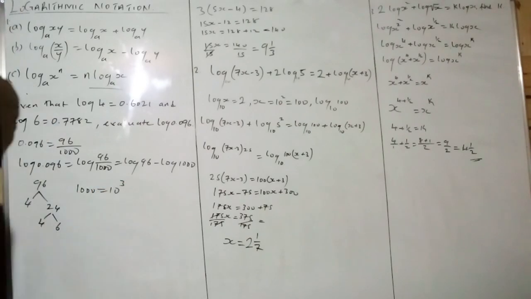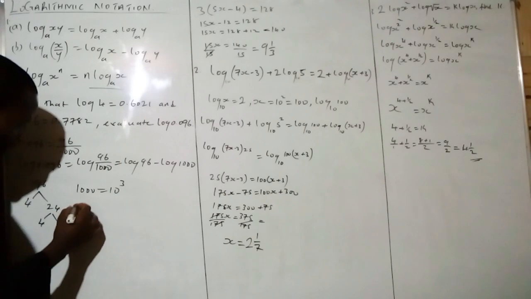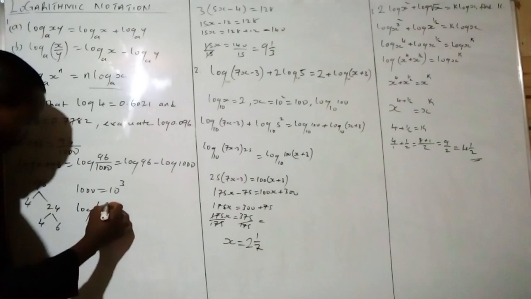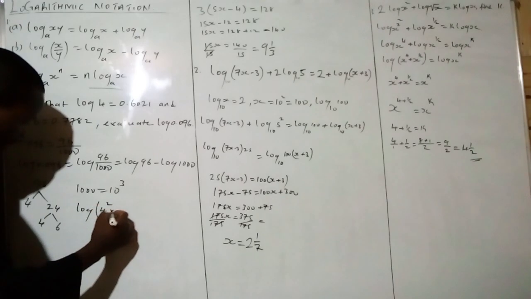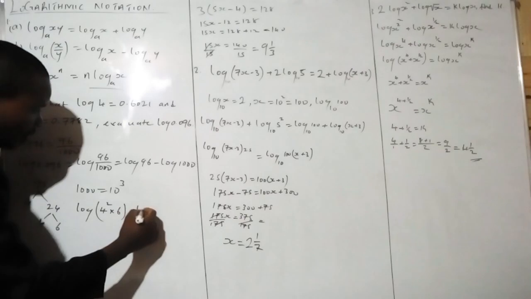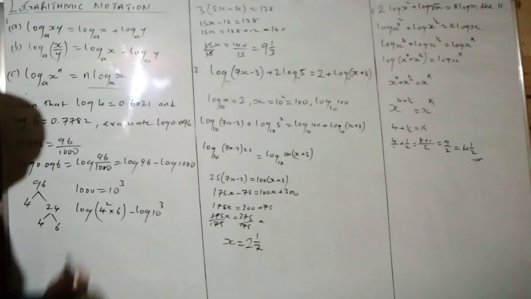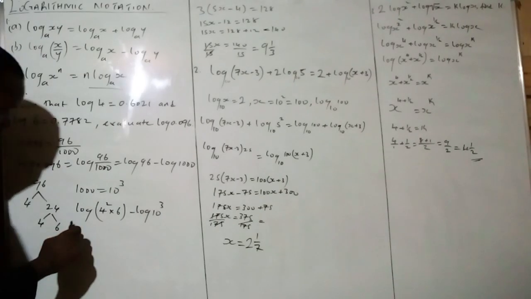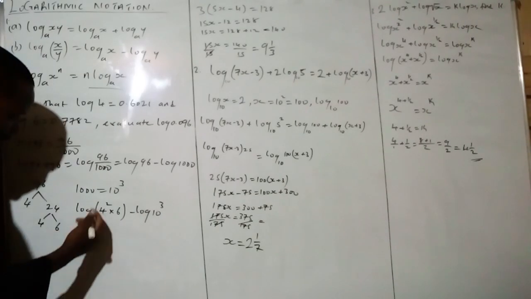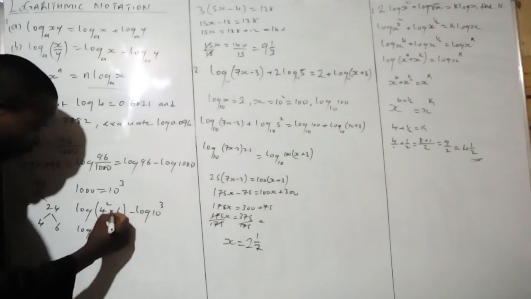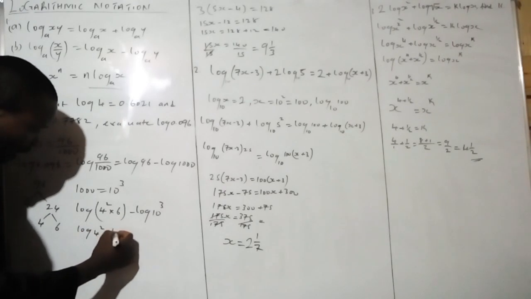Now we have log, you can open the bracket, 4 squared times 6 minus log 10 cubed. Open the bracket to have log 4 squared plus, due to times, we add log 6 minus log 10 cubed.